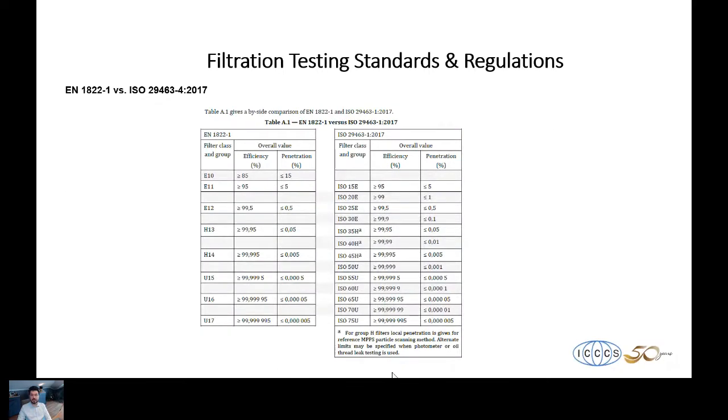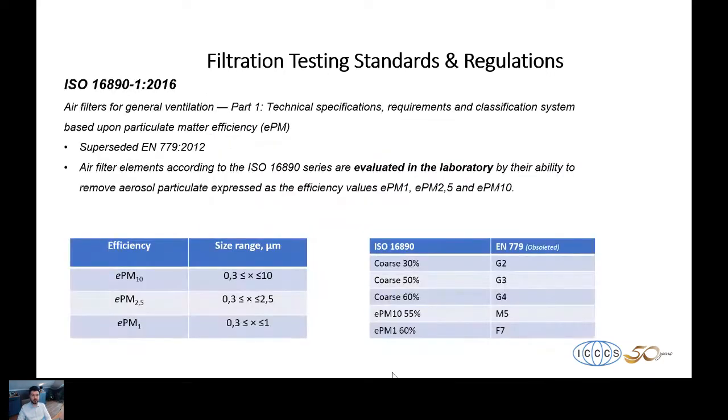As you see here, there's a comparison between these two, the EN norm versus the ISO norm. It's quite similar, just converting the EN norm to the ISO standard so that it will be recognized internationally, for other countries outside of Europe. ISO 16890, published in 2016.